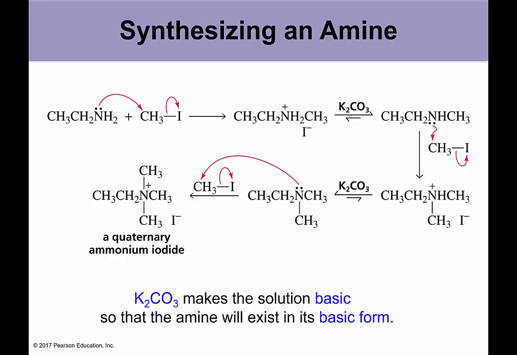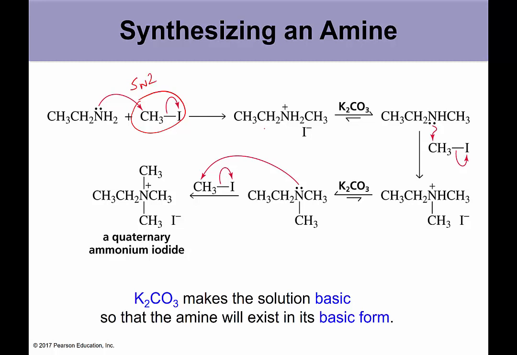So there's another way to synthesize amines, and that's through the use of methyl iodide. Methyl iodide is a common methylating agent. It is very susceptible to nucleophilic substitution. Because it's a methyl group, this reaction mechanism is going to be an SN2 reaction mechanism.